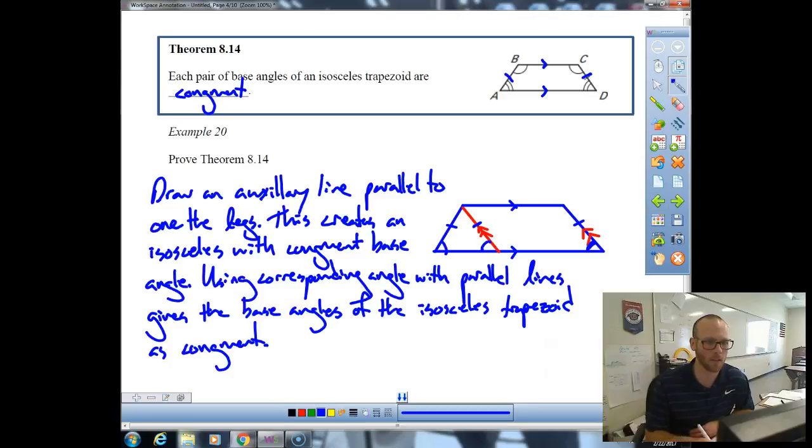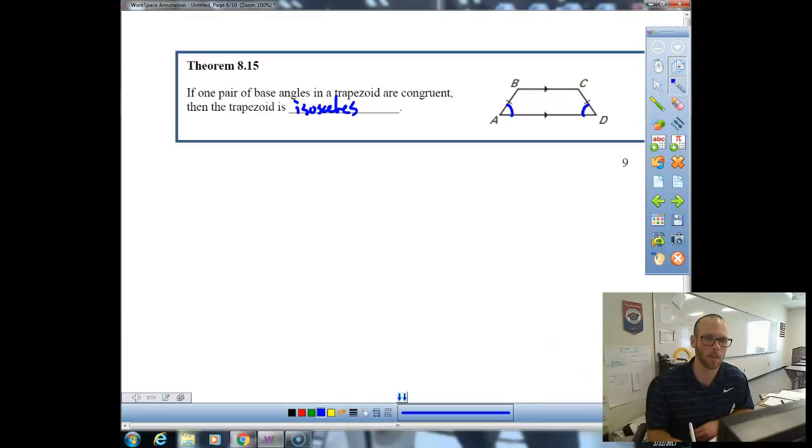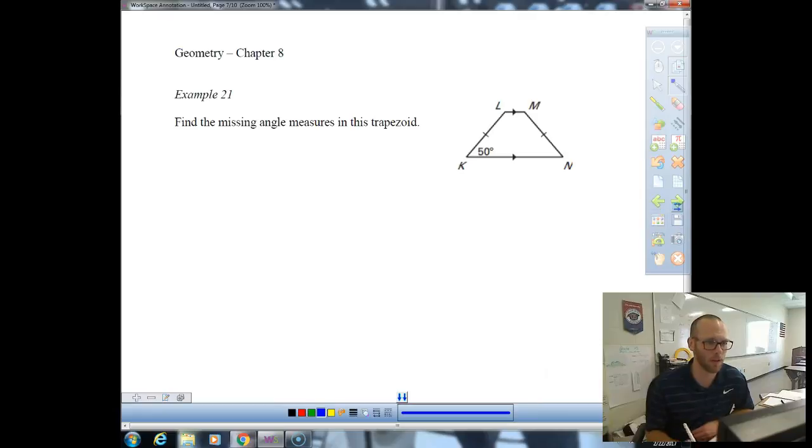Okay, notice that's a little bit different. It's not quite the converse of that, but it's close. Okay, this one stated if the trapezoid is isosceles, both pairs of base angles are congruent. This one says you only need one pair of base angles congruent in a trapezoid to have an isosceles trapezoid. Okay, I'll leave that one to you guys on the proof there.